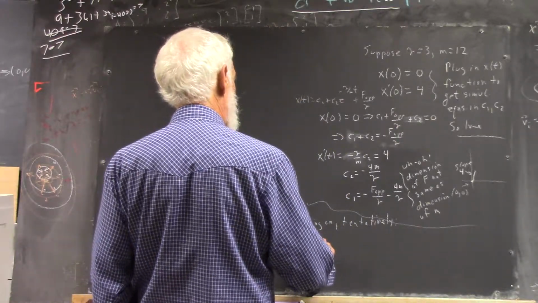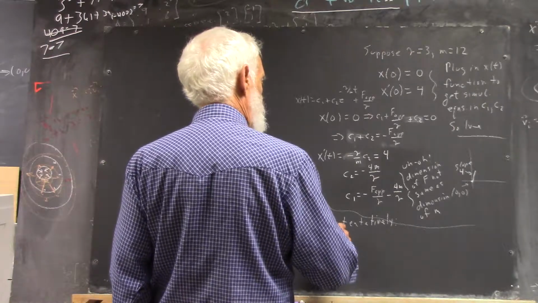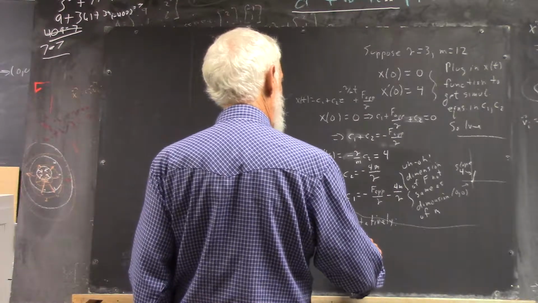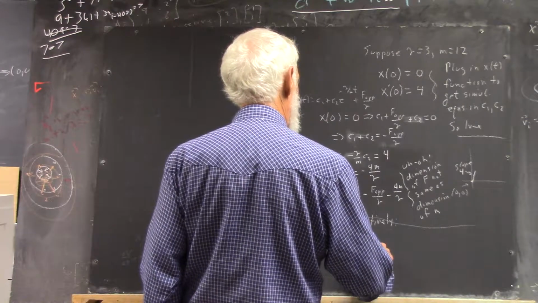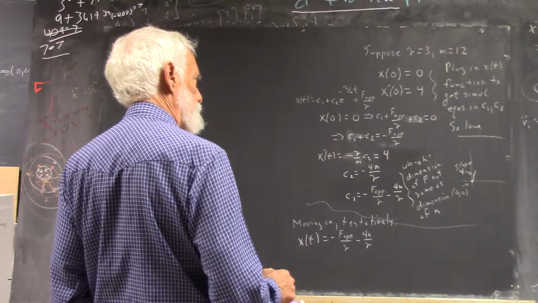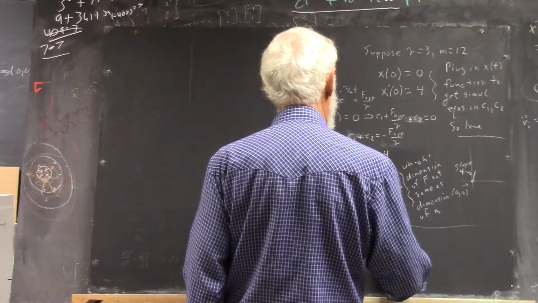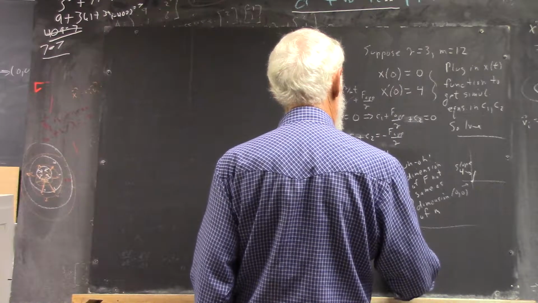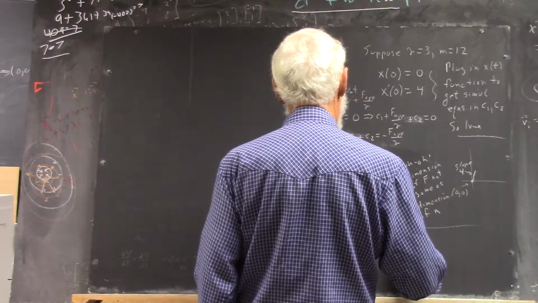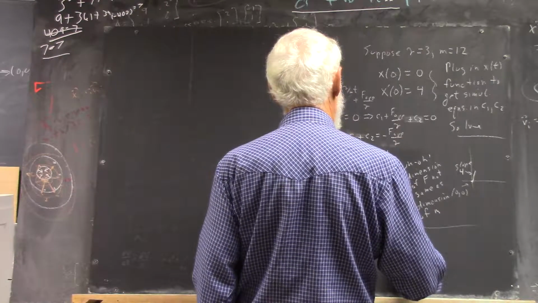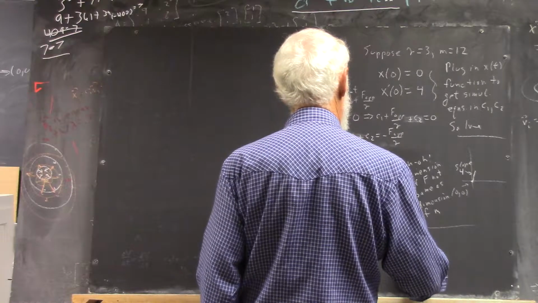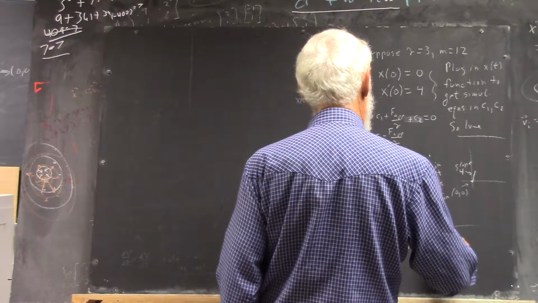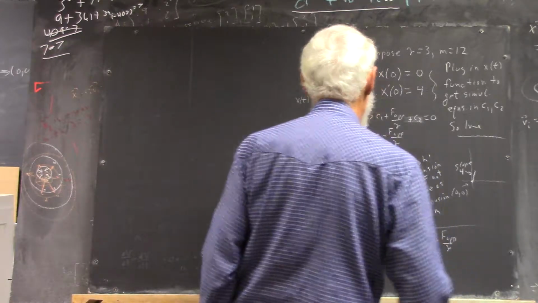Now we see that x of t should equal C1, which is negative f applied over gamma minus 4m over gamma, plus C2, which is... plus f applied over gamma.